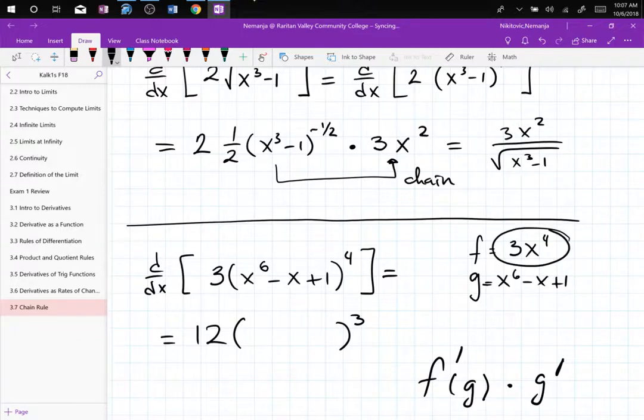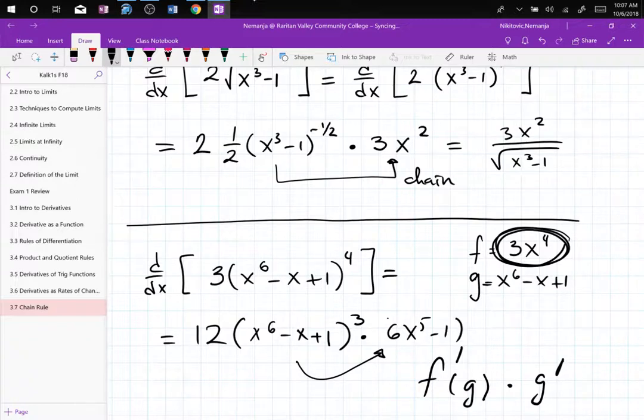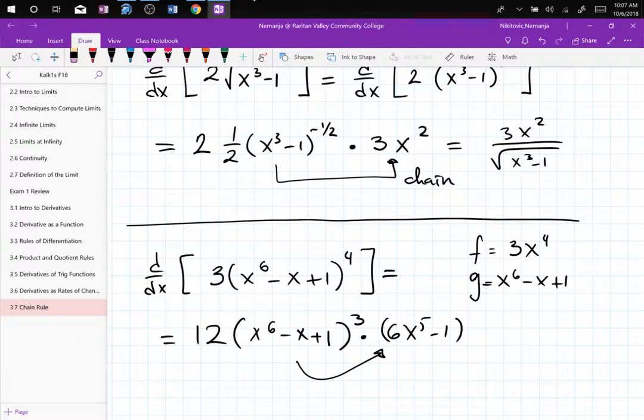So 12x cubed, and instead of x, I write g, times, and now the chain, 6x to the 5 minus 1. And you have to put that in parentheses because you have two terms there. They both need to multiply the one in front. And you are done.